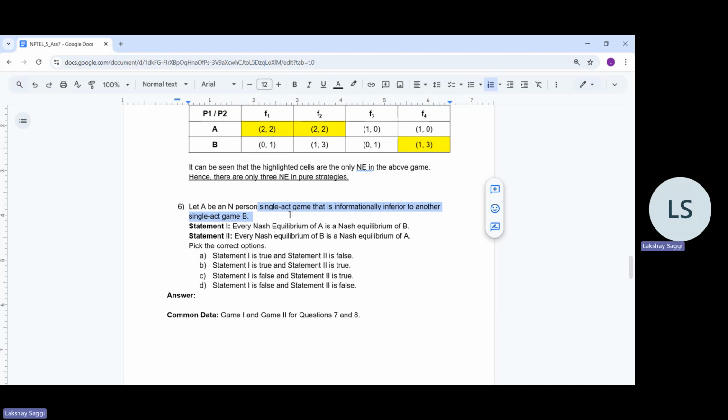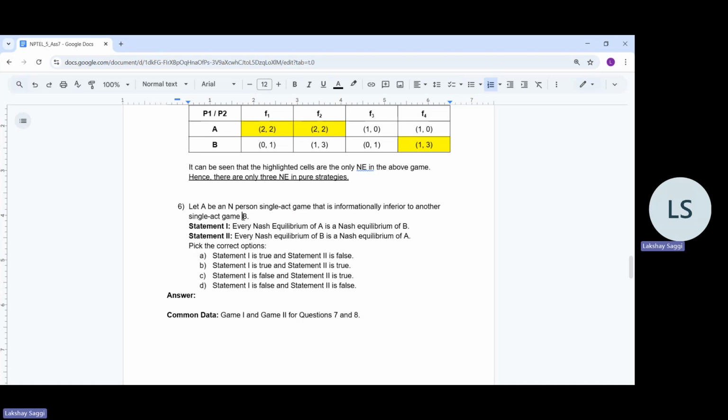And the high level argument of why this was true: suppose there is a Nash equilibrium in the informationally inferior game A, and the informationally superior game is game B. Suppose there was a Nash equilibrium in game A, but it was not a Nash equilibrium in game B. So what this means is there exists a strategy profile in game B which is better than the strategy profile of the Nash equilibrium of game A.